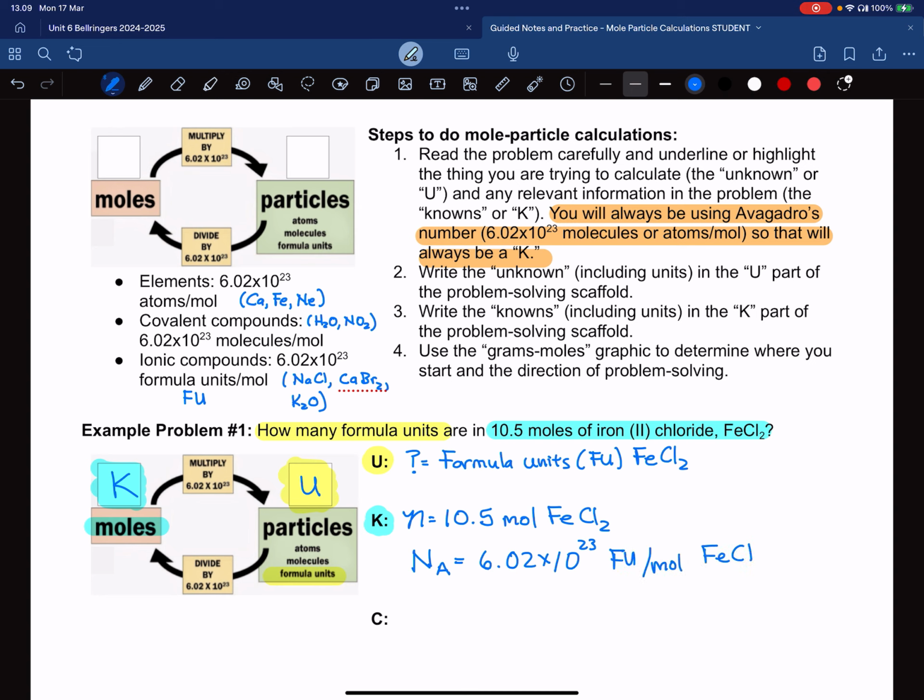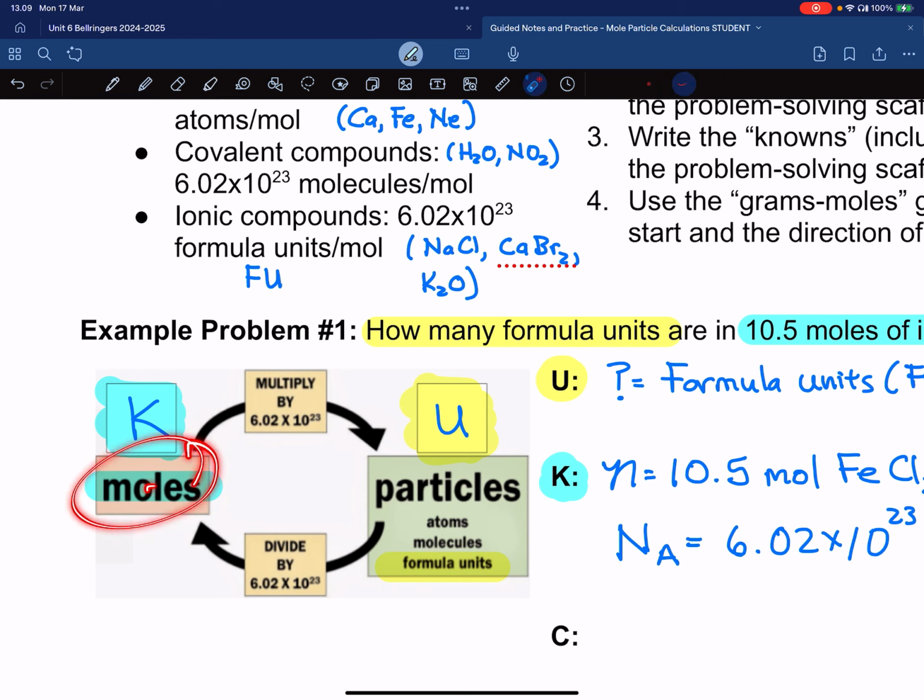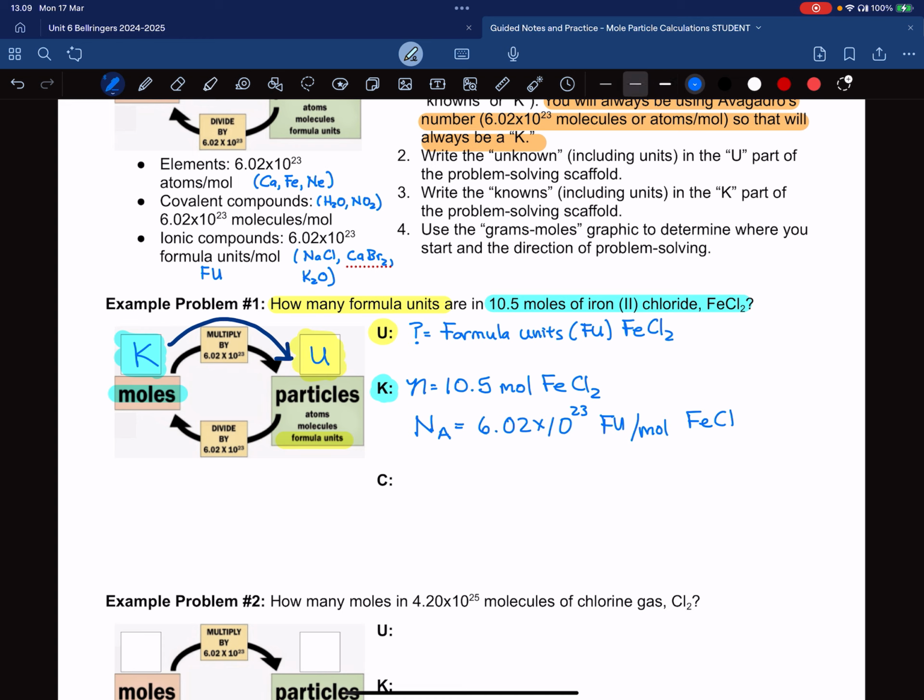Now, we're starting here at moles. We're moving towards particles. So that means that we're going by the high road. Multiply by 6.02 times 10 to the 23rd. So 10.5 moles times 6.02 times 10 to the 23rd formula units per mole.